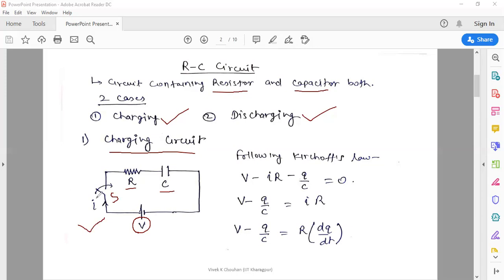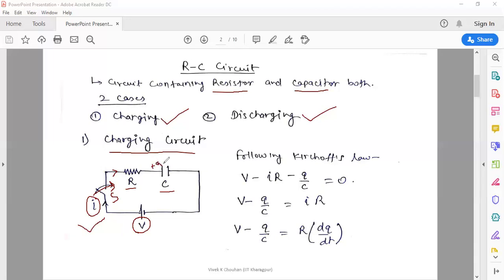Now, as soon as the switch is closed, this source starts supplying a current I. This current passes through the resistor, and over the capacitor, a charge Q will start accumulating.